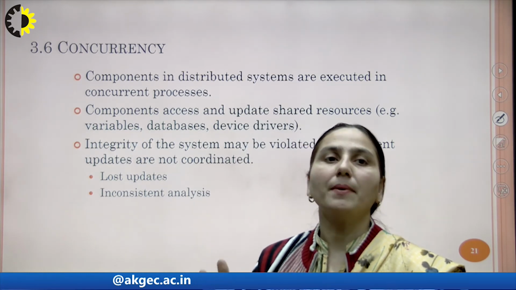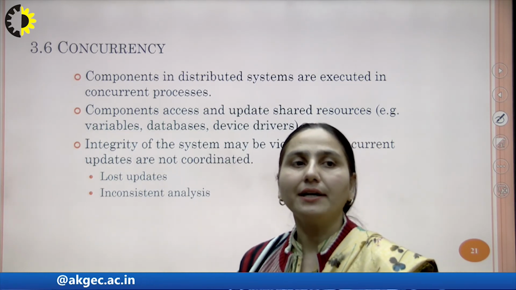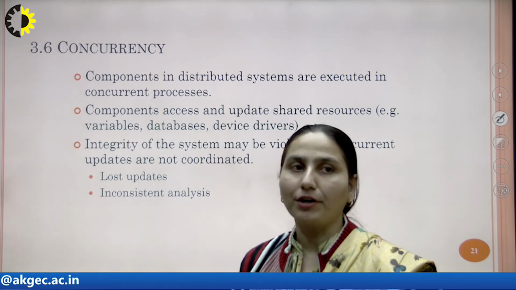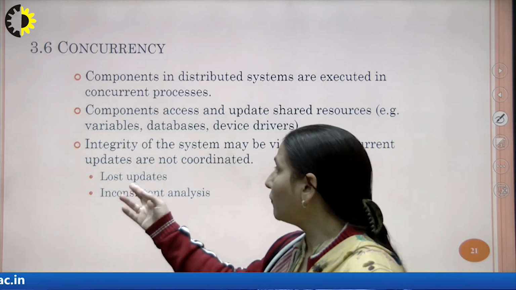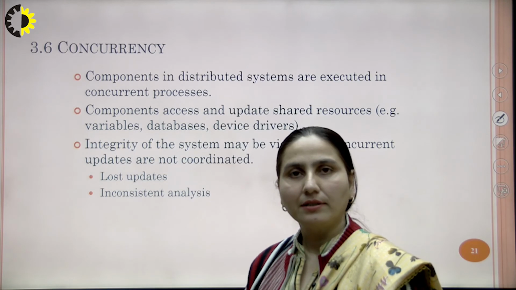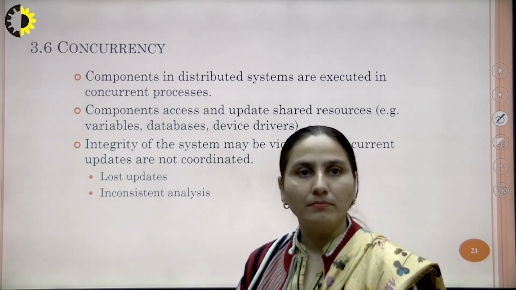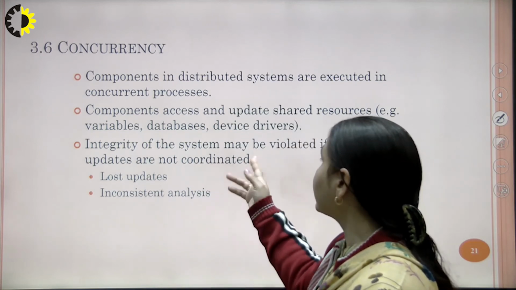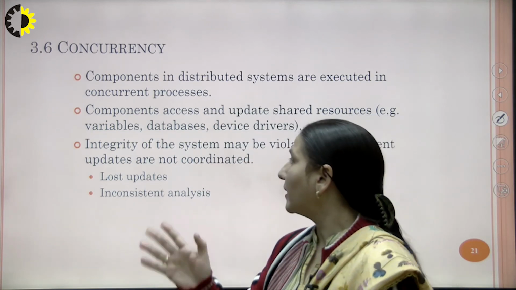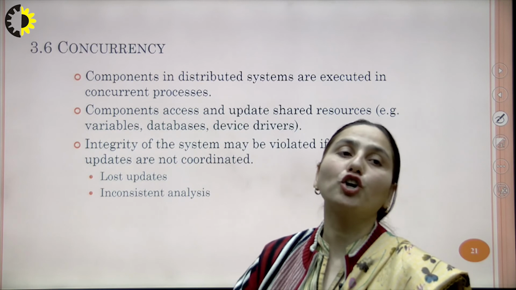Integrity of the system may be violated if concurrent updates are not coordinated. Integrity of the data needs to be maintained. The data should be available in complete form, and this is an important feature, and this again can be violated if concurrent updates are not coordinated.